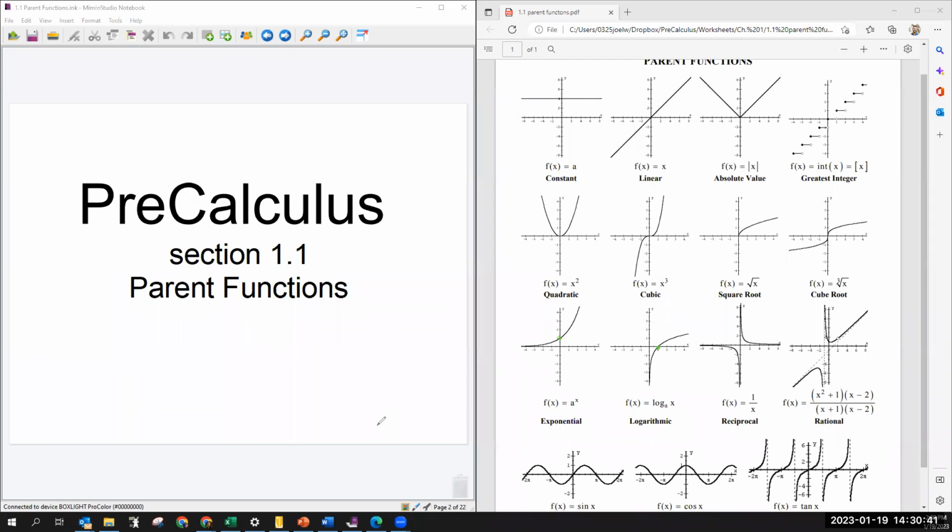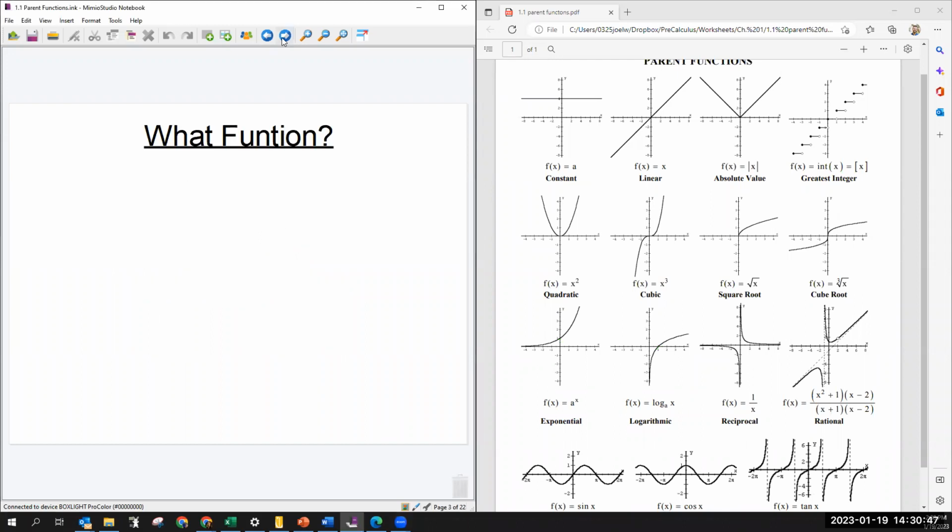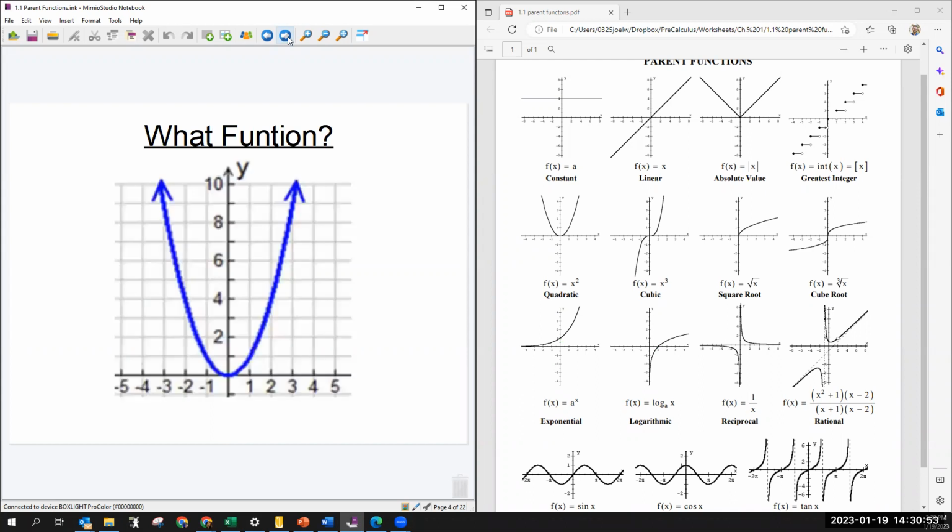This is what we're going to do. Pull this up. So I'm going to pull up a function. We'll do one with the paper. All right, so this one right here, and then ask, what is the equation and what's the name? Well, here we're looking at our paper, saying, okay, which one matches that?